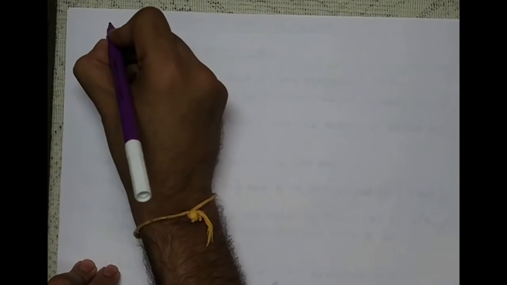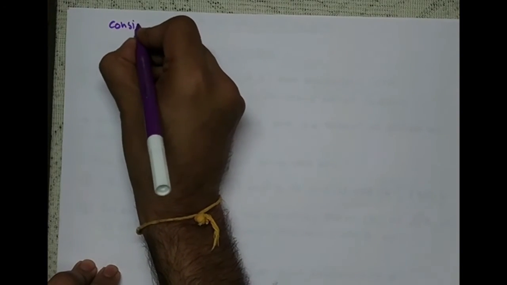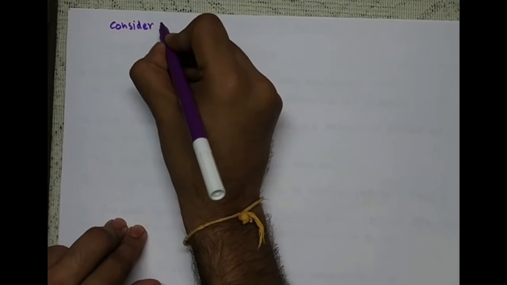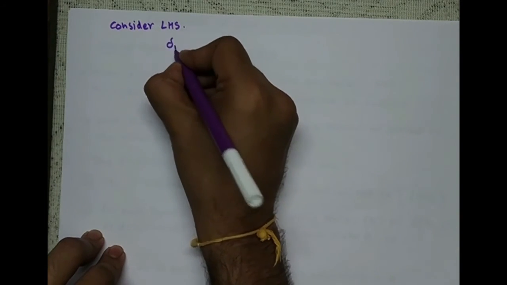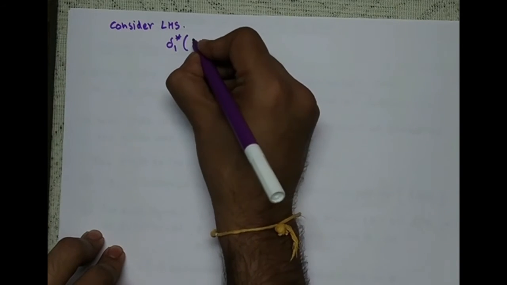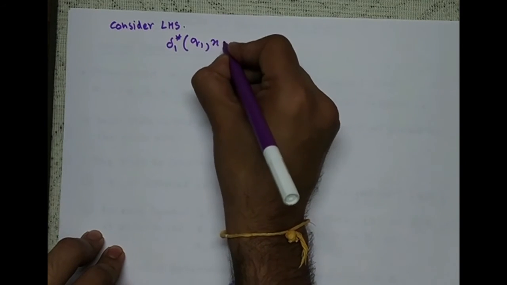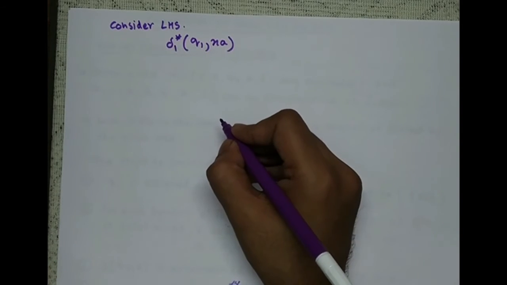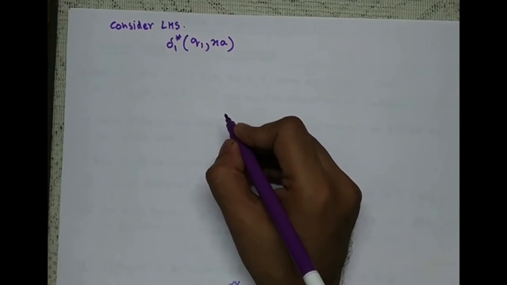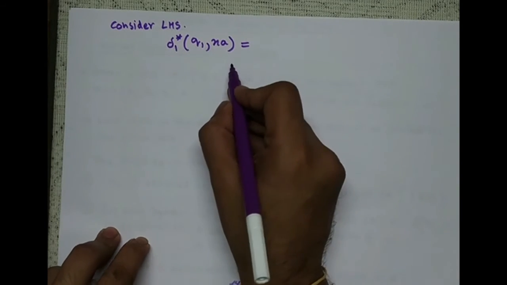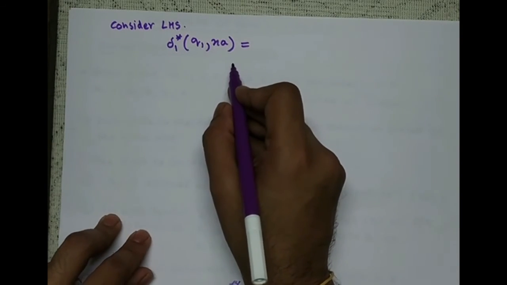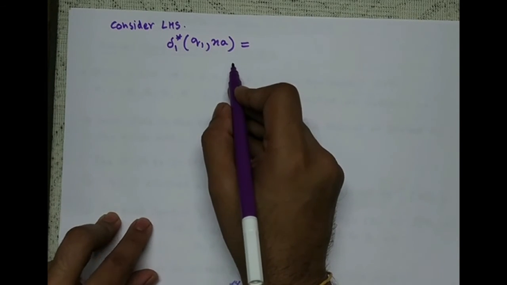Now consider the left hand side of what we are asked to prove, that is del 1 star of q1 comma xa. How can we proceed? Since this is a DFA, we can use the non-recursive definition of extended transition function of DFA.